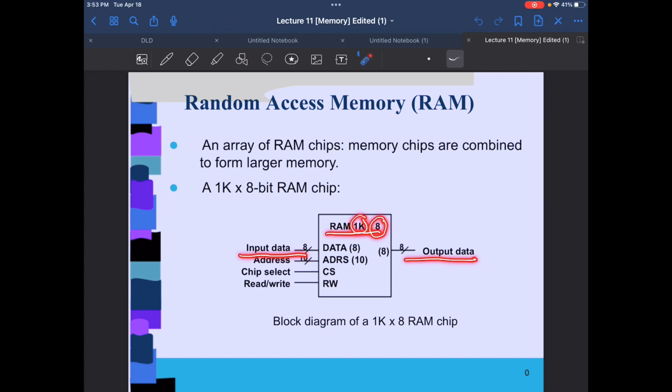And 1K is the number of words, which is 1024. If we calculate the log base 2, we get 10. That is 10 address lines. We can give a read and write option and a chip select, and hence we can draw a block diagram of a 1K by 8 RAM chip. Let's try 2K by 8.